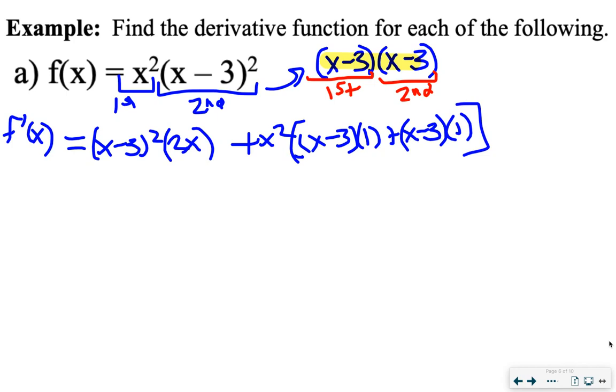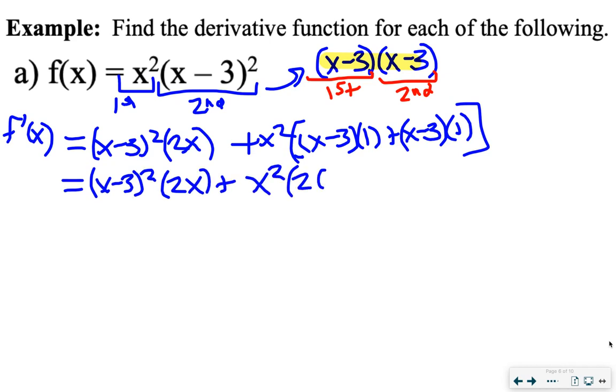Alrighty, so let's tidy this up a little bit and simplify it. x minus 3 squared times 2x plus x squared times 2 times x minus 3. Awesome. We want to factor this as much as possible.